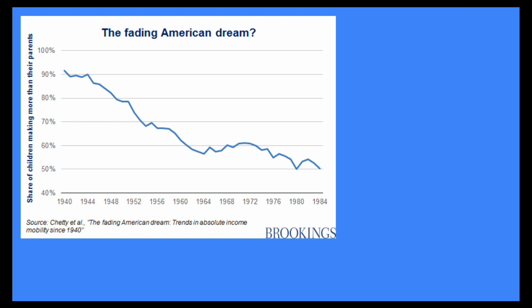But that dream is fading in many ways, and now it's really a coin flip chance if you coming to the United States, being in the United States means that your child will be better off than you.